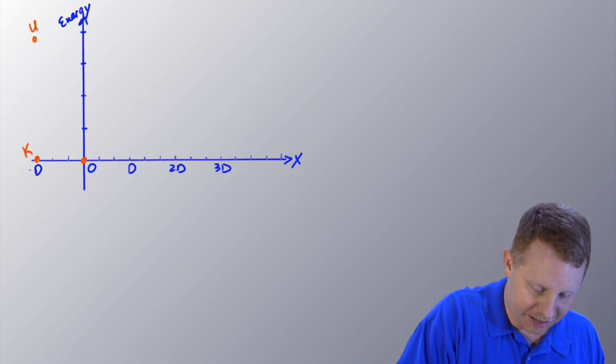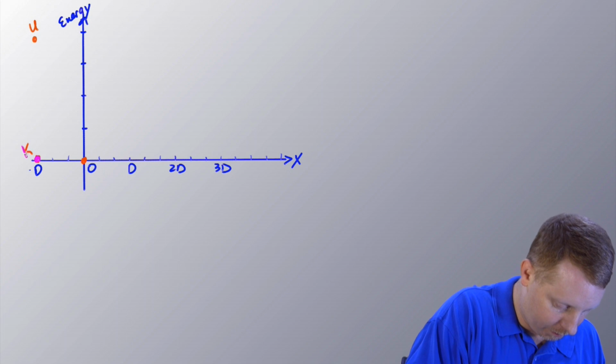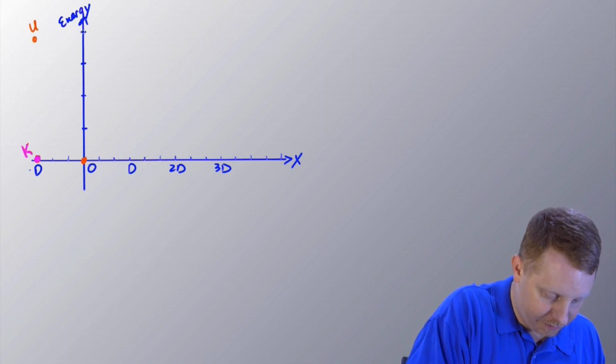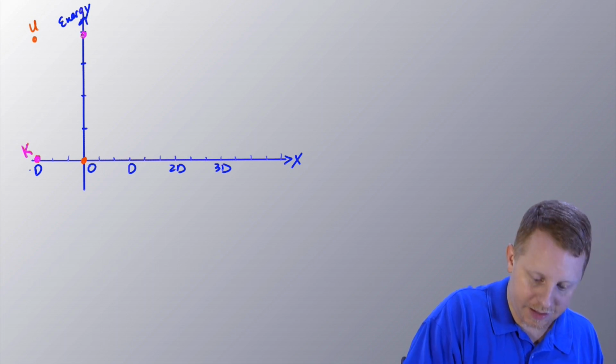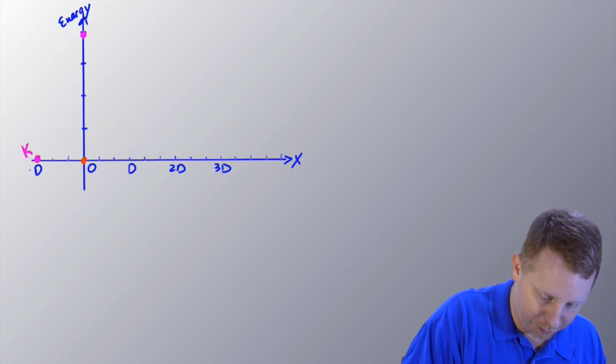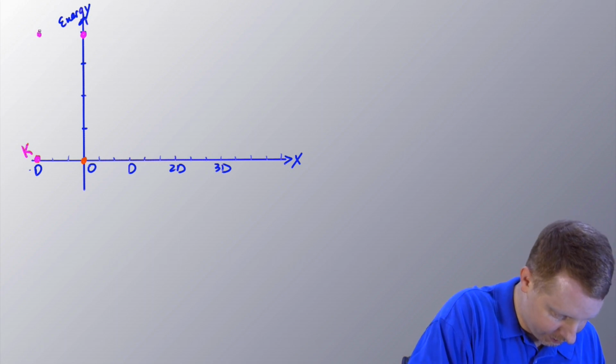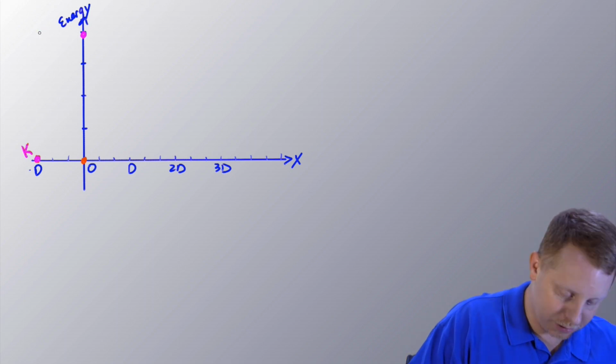Let me do kinetic energy in a different color here just to differentiate it. And we have our maximum kinetic energy. And let's make that U just a little bit cleaner, to highlight that it's right up here at the same point.